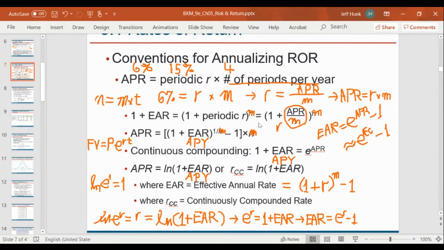If it is quarterly compounding, there are 4 compoundings per year, and each quarter 1.5% is compounded, which is called the periodic rate.